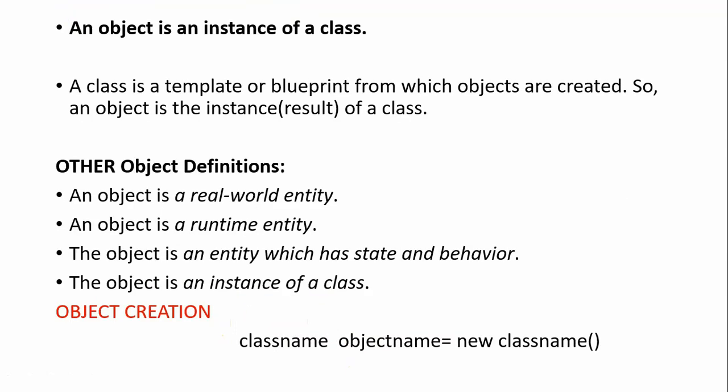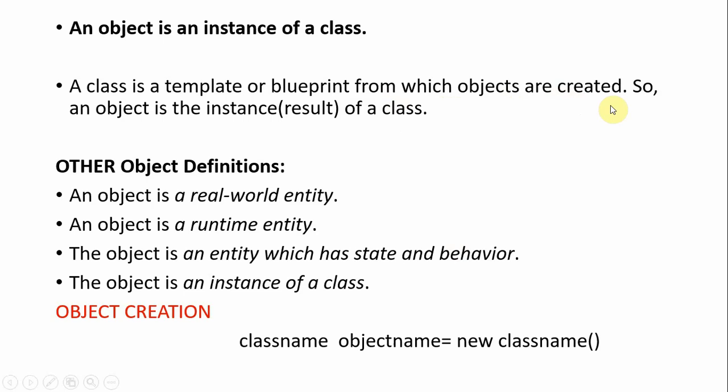So an object is an instance of a class. If you want to define an object in a simple manner, an object is an instance of a class. Again you may have a doubt, what is a class? We discussed it in the introduction of object oriented programming, but we can recall and discuss in depth. A class is a template or a blueprint from which objects are created.